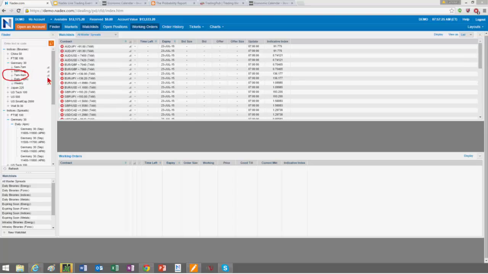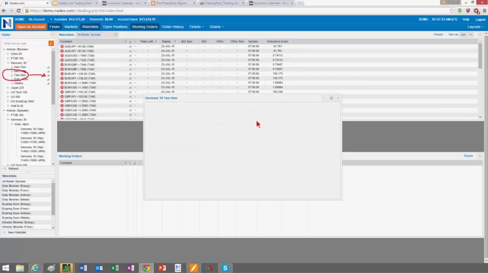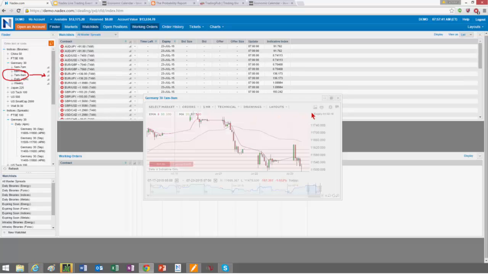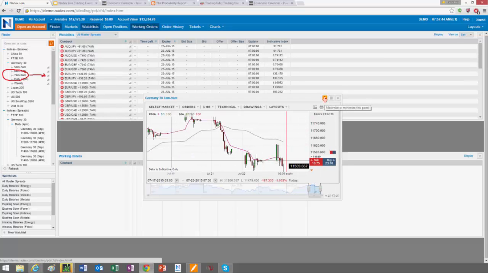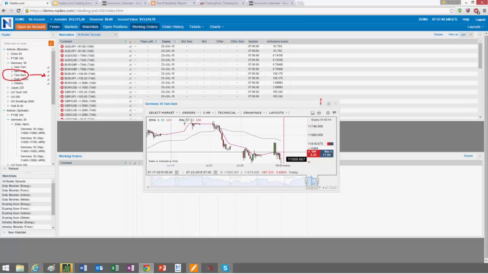And you'll see to the right of it this little icon that looks like a little chart. When you click on that, it'll pull up the chart for that time period with the strike prices loaded up. And then I click on this icon up here to expand the chart to full screen.